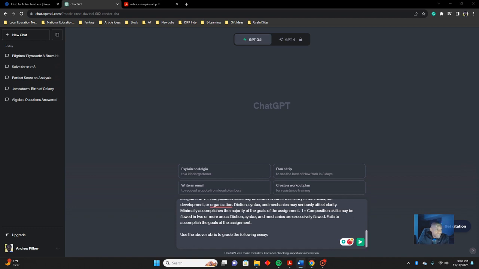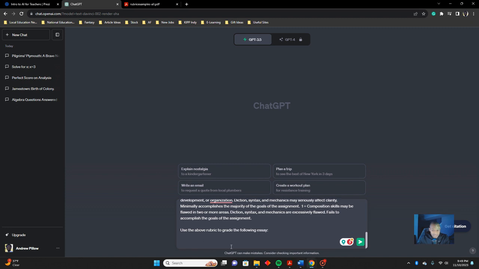This essay is actually about The Giver. The prompt was, how was the society in The Giver a dystopian civilization? Dystopian was one of the keywords we were doing in literature at the time. So I'm copying and pasting that essay right here.